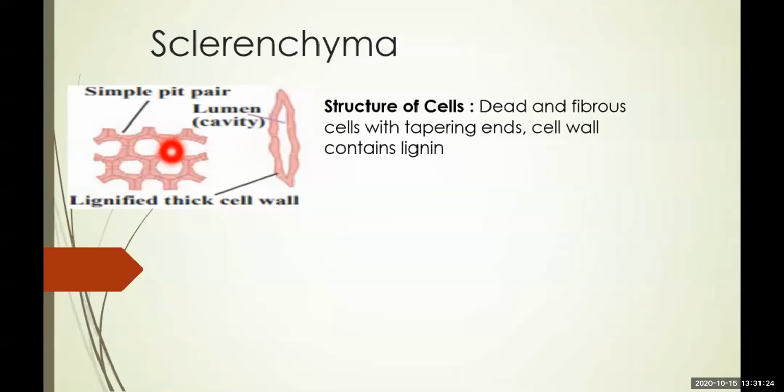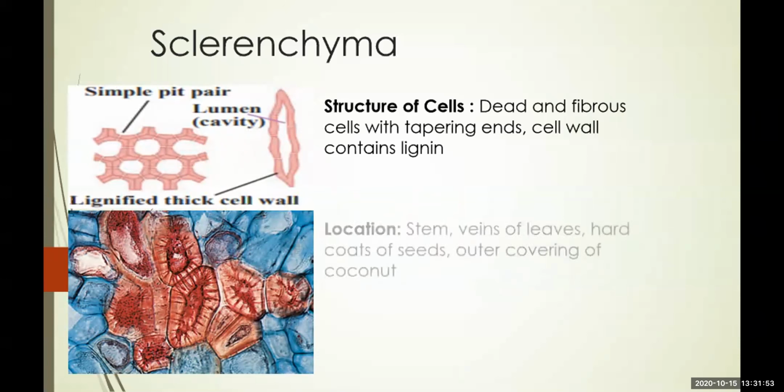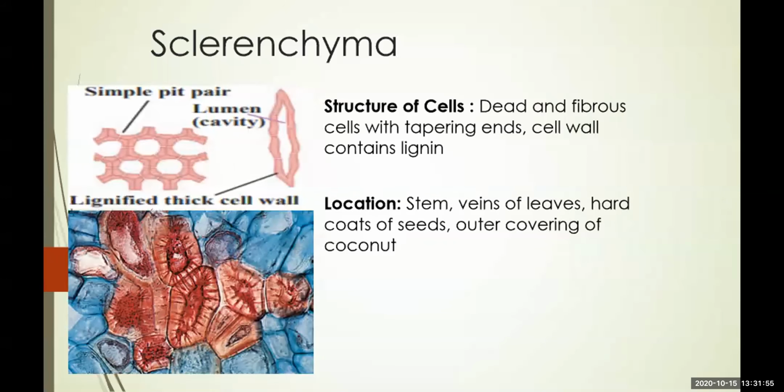The cell walls are thick due to the deposition of lignin in the cell wall. This usually appears brownish in color, as you can see in this slide. This is how it looks under microscope. Brownish color is due to the lignin and dead cells. Hence it appears brown and it is very hard in nature.